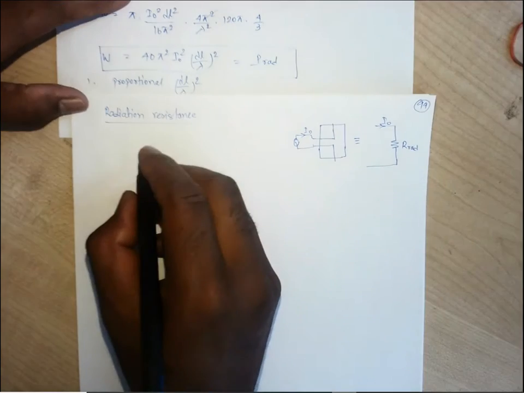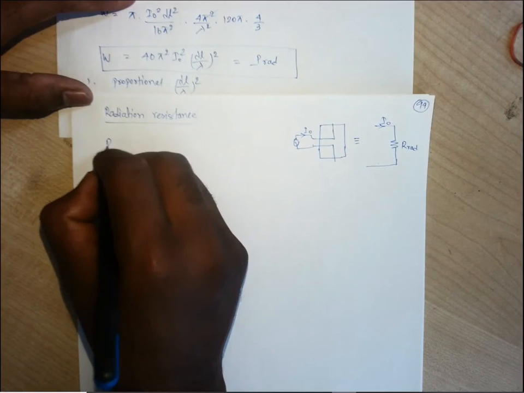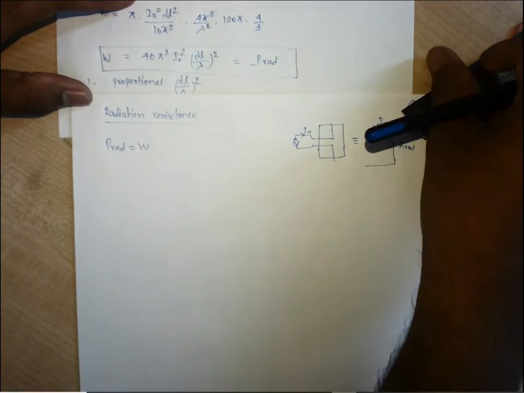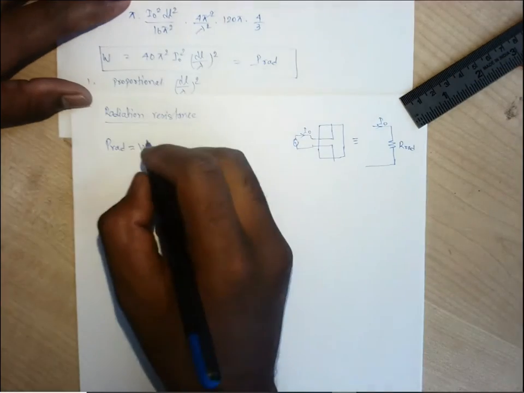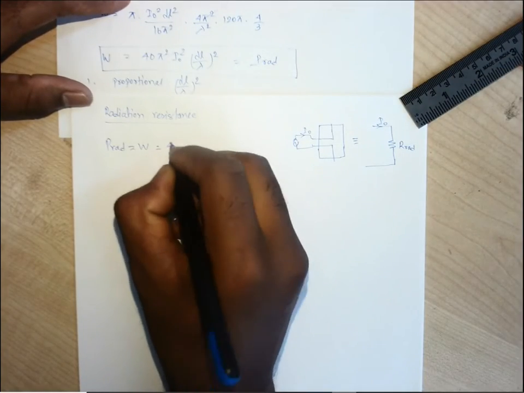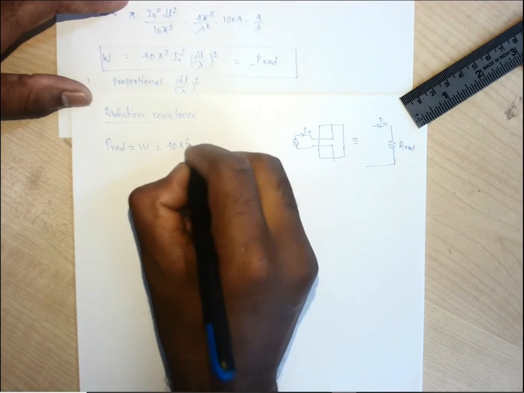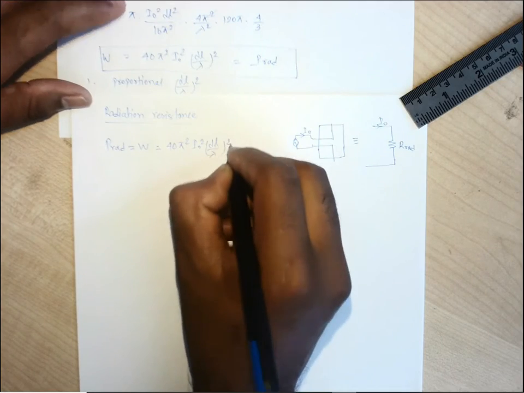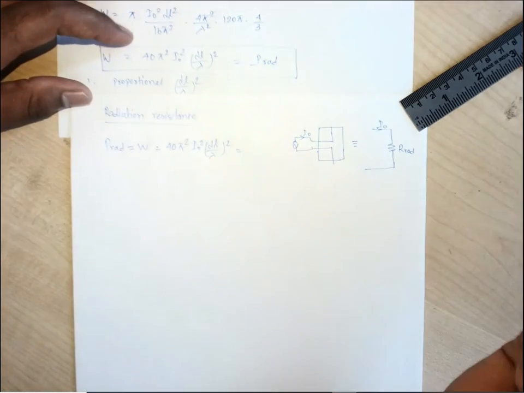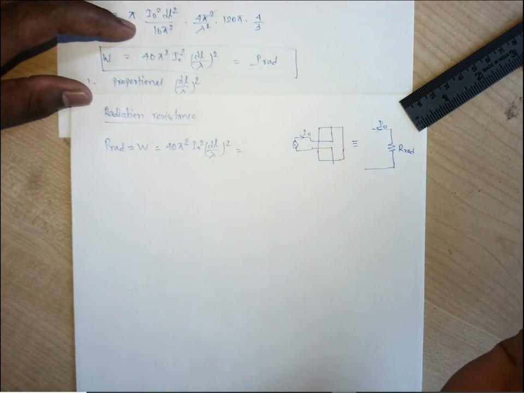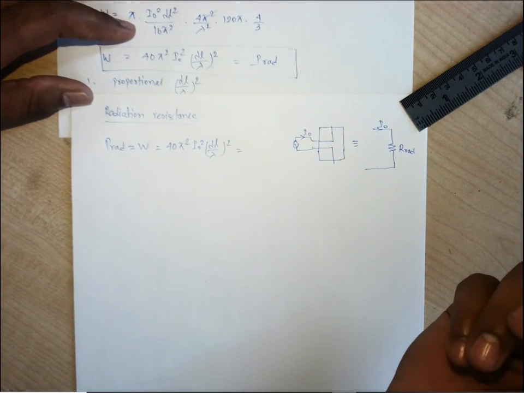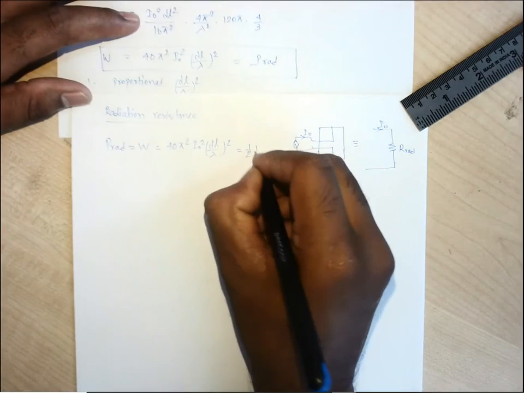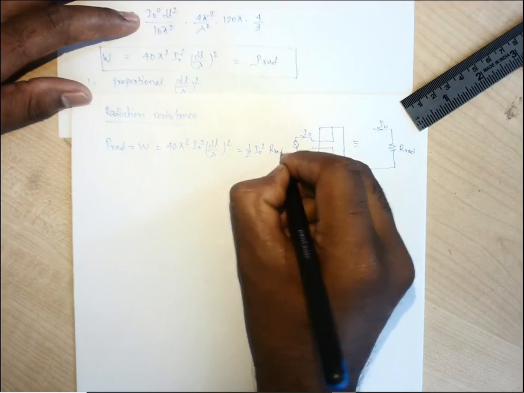Okay, so this radiated power P rad is equal to W, what we have written in our expression, that is 40 pi square I naught square (dl by lambda) whole square, which is equal to the power which gets dissipated in the load, that is half I naught square R rad.